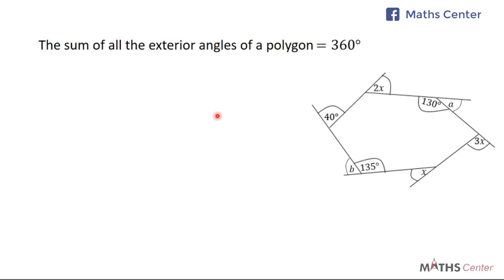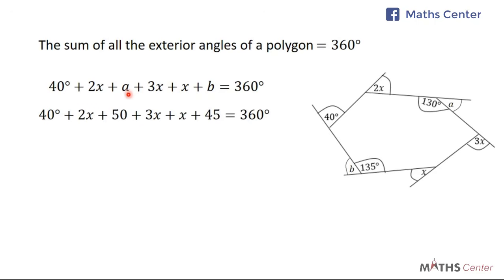How? We know that the sum of all the exterior angles of a polygon is 360 degrees. So 40 plus 2x plus A plus 3x plus x plus B will give us 360 degrees. We now know A and we now know B. So we replace A with the value of A, which is 50, and B with the value of B, which is 45.